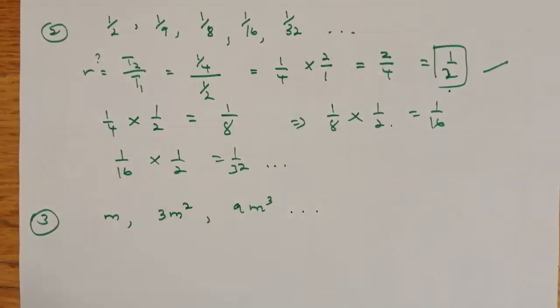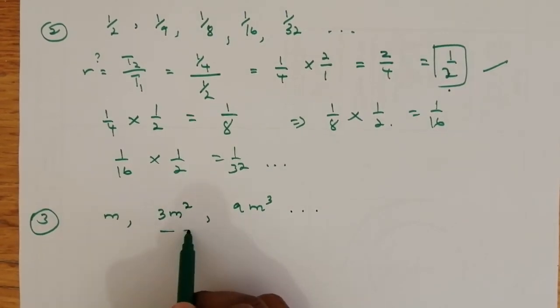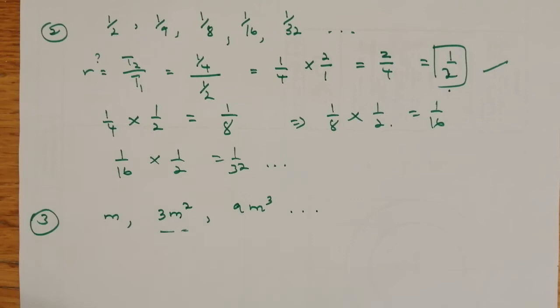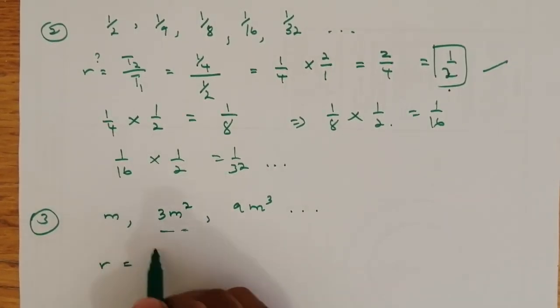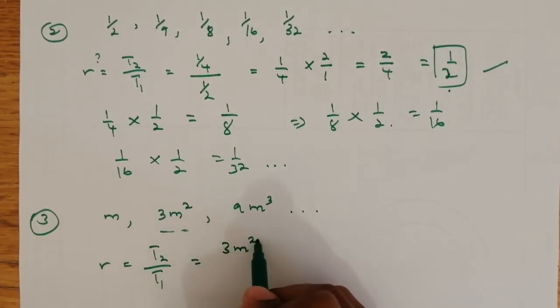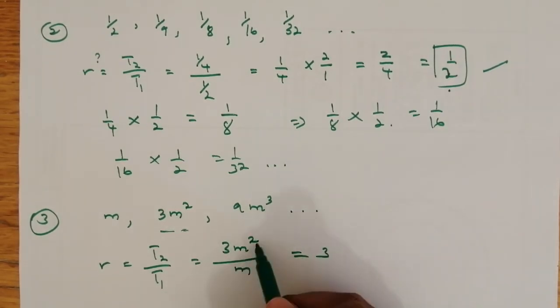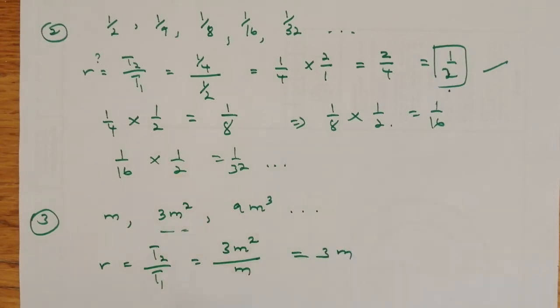So let's say we are given something like this, and then to get this term, we need to multiply the previous term by a constant value also to get this one, right? So R, t2 divided by t1, is 3m squared divided by m, right? So this is going to be 3 times 1, that's 3, m squared divided by m, that's m, right? Okay, let's check.